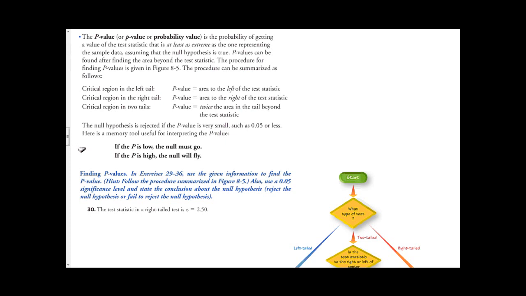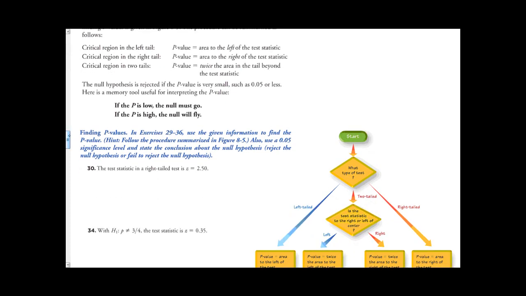If we find the area in the tail beyond the test statistic, we have found a p-value. The procedure for finding p-values is given in figure 8.5, which we have down below. The critical region method and the p-value method are 2 different methods, actually.